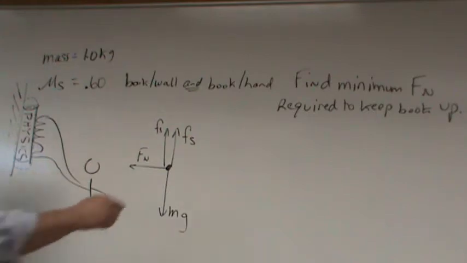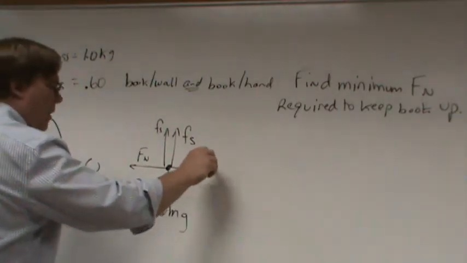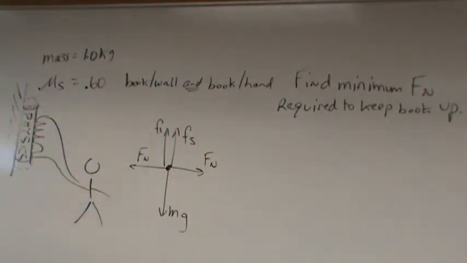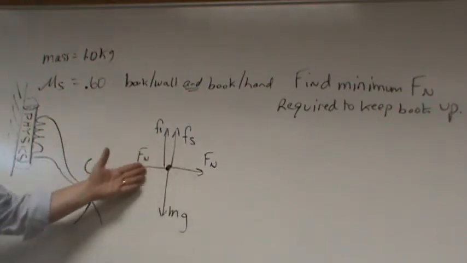Yeah, to the right. And are those two normal forces going to be the same? Yeah, absolutely. Newton's third law. Whatever force I exert on the book exerts back on me. And the book is not moving, which means the wall has to be exerting the same force on the book. And there it is. They're equal and opposite.